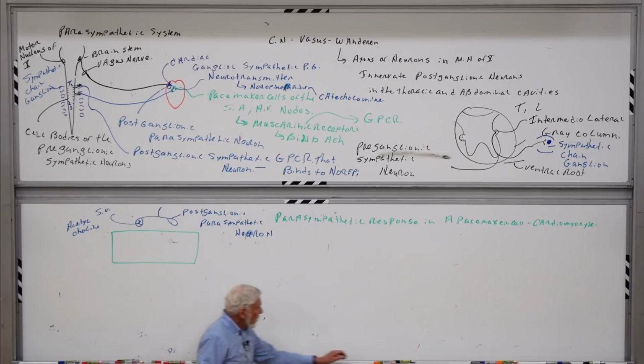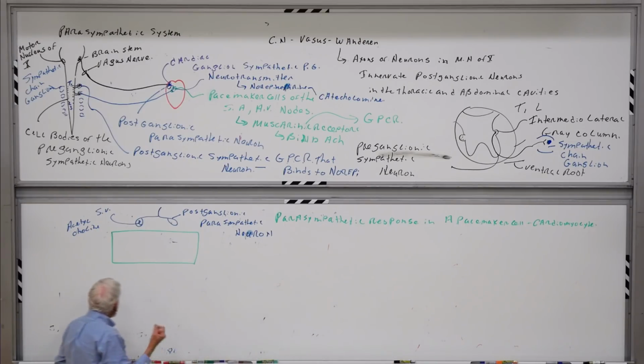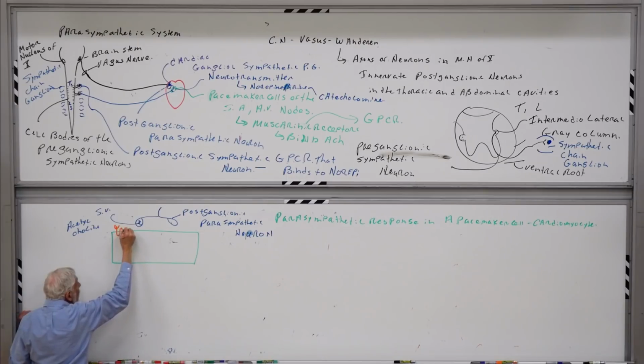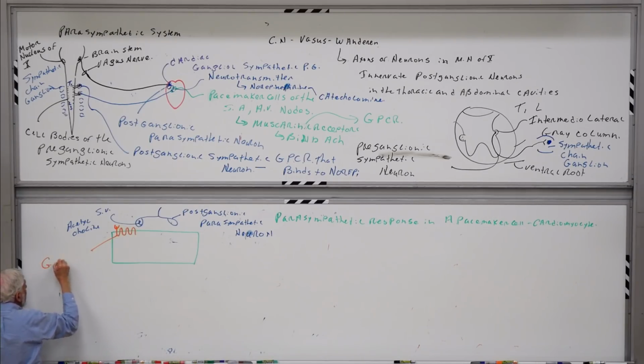Across the membrane here, there's a transmembrane protein that crosses the membrane 7 times. This is a classic G protein coupled receptor.